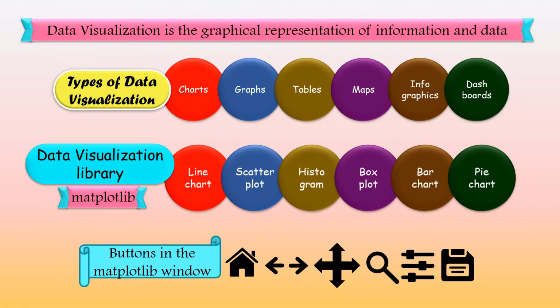Out of these, I discussed how to create line chart, bar chart, and pie chart. And these are the buttons in the matplotlib window: Home button, the back and forward buttons, pan axis button, zoom button, configure subplots button, save figure button.